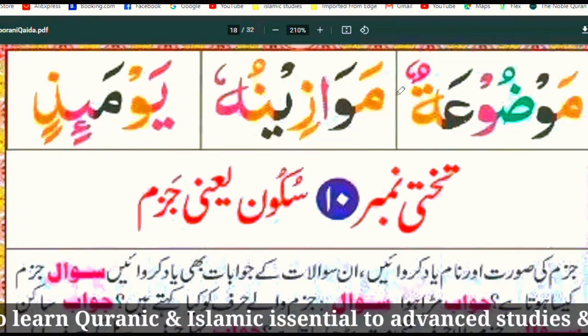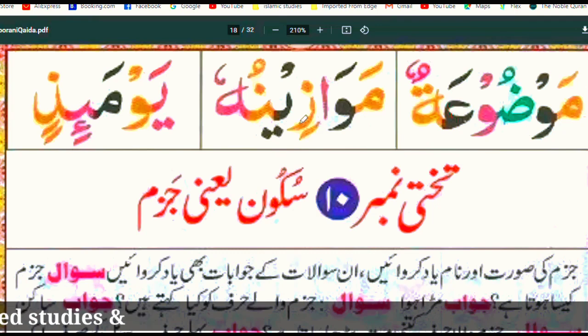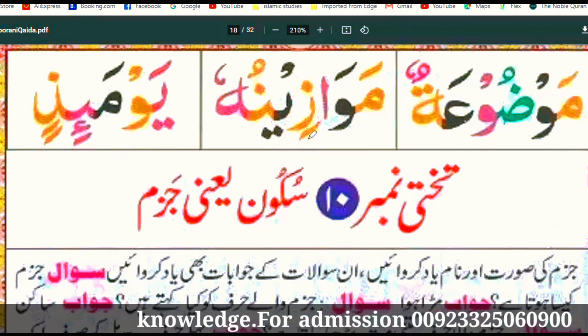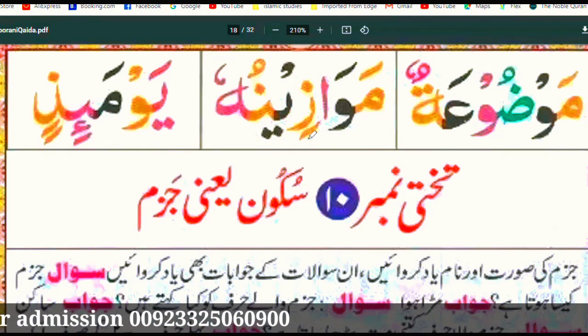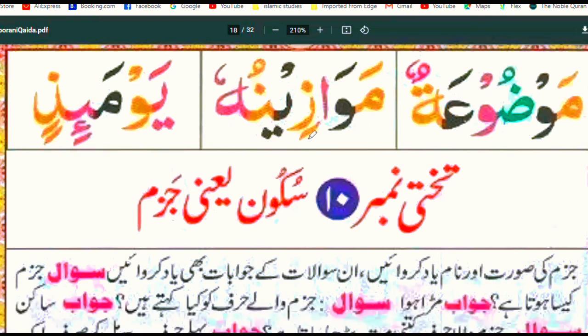Pretend we had a letter there and then you put a pesh, that can't happen. A single letter will carry only a single harakat. Either it has only zabar, or only zair, or only pesh. It is not allowed to put multiple zabar, zair or pesh on a single letter.